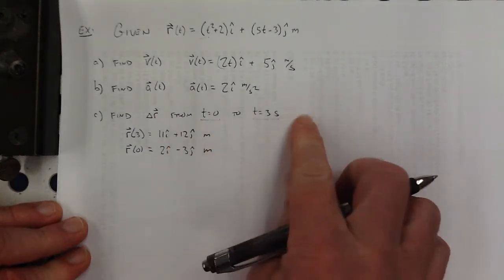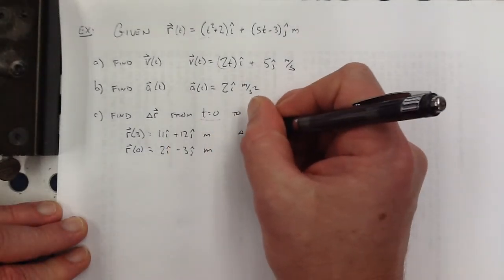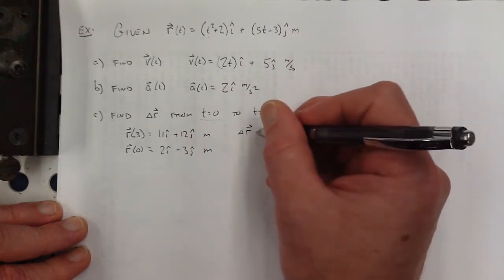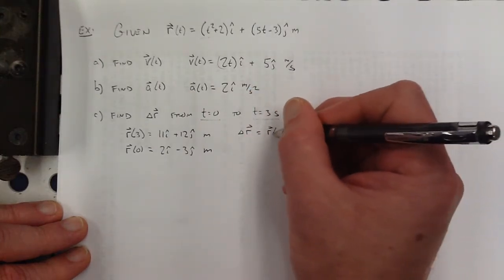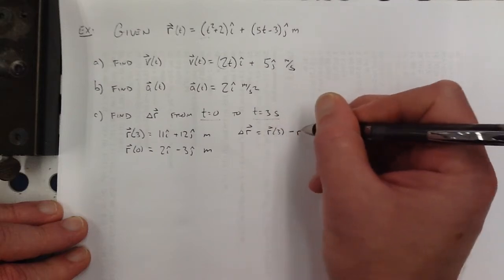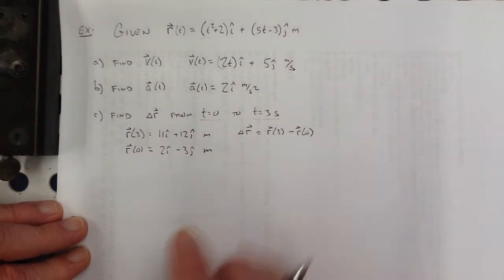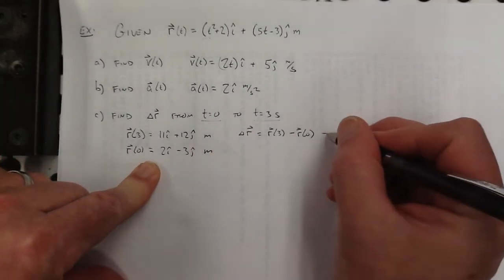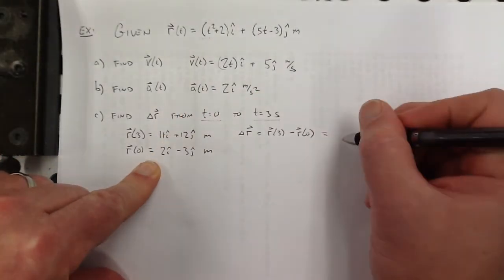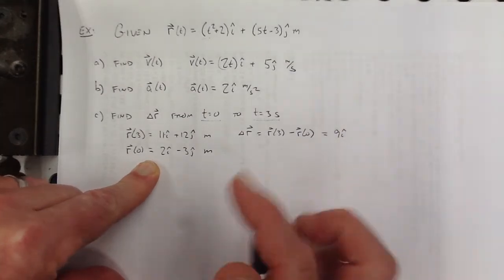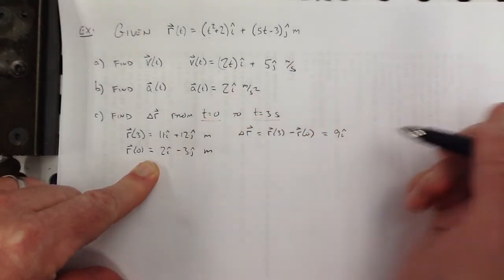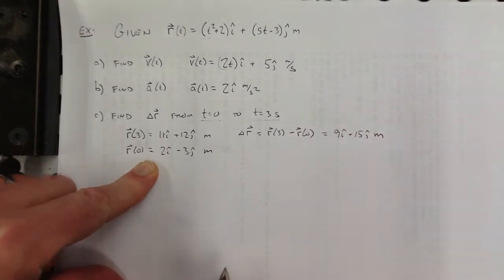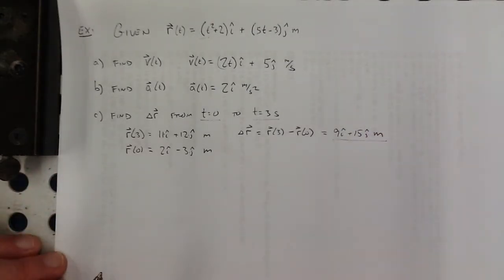So you want to know what delta r is. That's what that means. So that's 11 minus 2 and 12 minus negative 3. So that's the displacement.